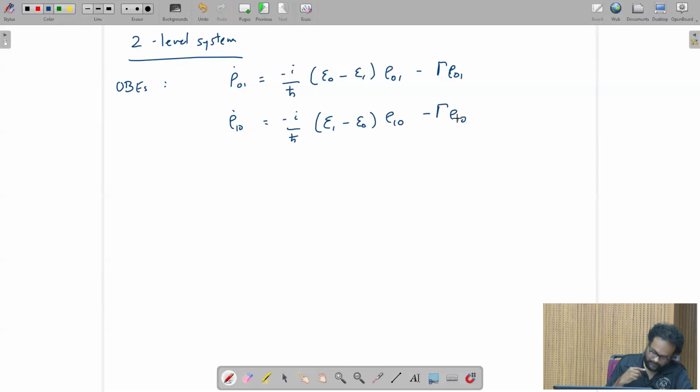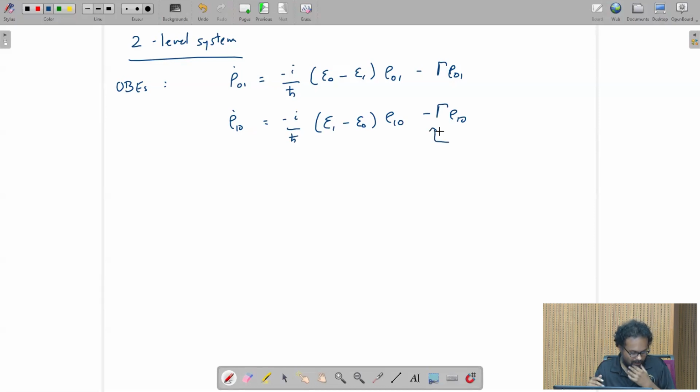Remember that this is a simplified version of what we have seen in the last class. This is a more phenomenological version, but we have already seen that even a more complex form remains similar, not that different, and you have some relaxation damping parameter here.